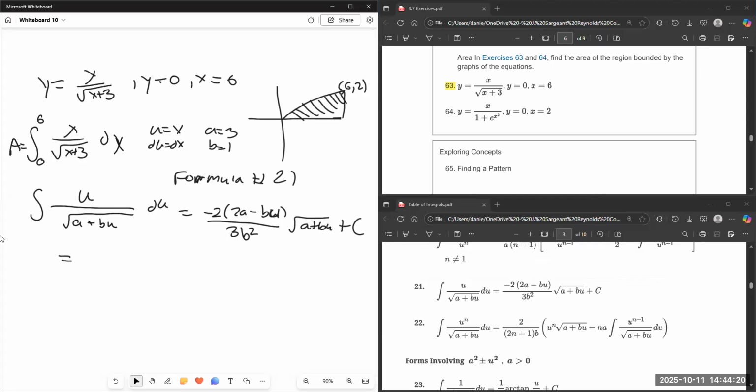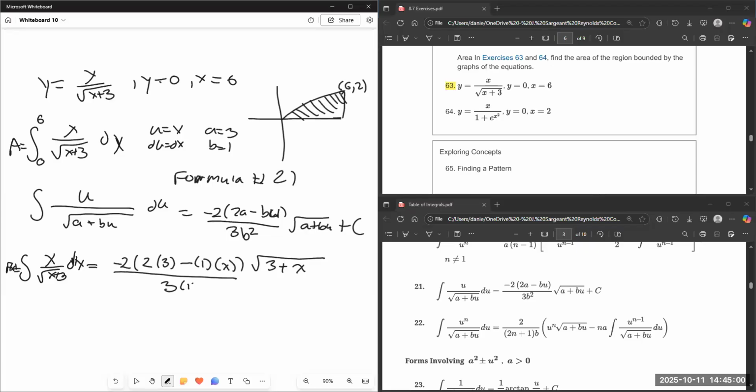So this is going to be the indefinite integral of x over root x plus 3 dx, which I'll call capital F of x, is equal to negative 2, 2 times 3 minus b is 1 times u is x, root a plus bu, and then this is over 3b squared plus c.